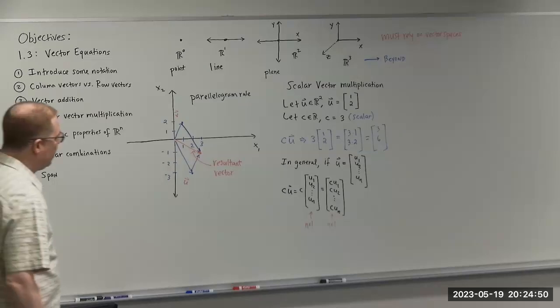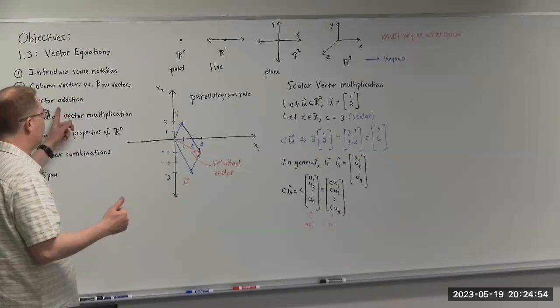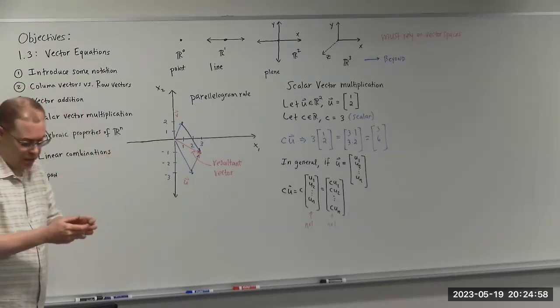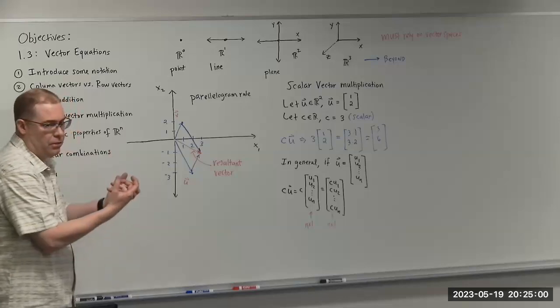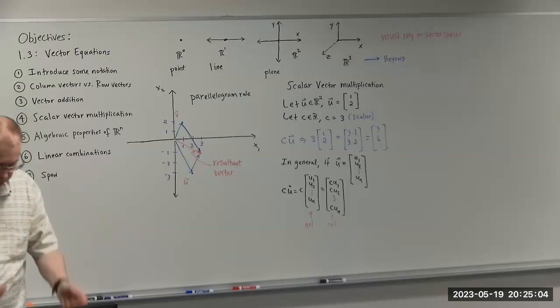All right, so we have scalar vector multiplication and vector addition. With these two, we can combine them and talk about linear combinations later on.